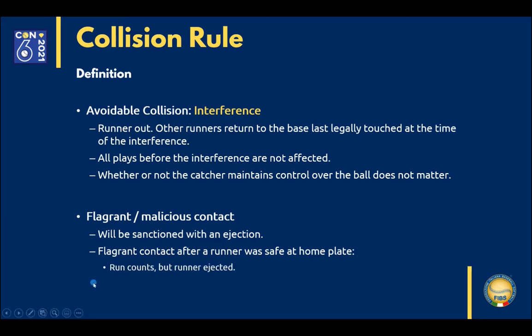This will be sanctioned as well, but the run counts, and then the runner is ejected for this kind of action. So this is the reason why an avoidable collision would be ruled as interference.